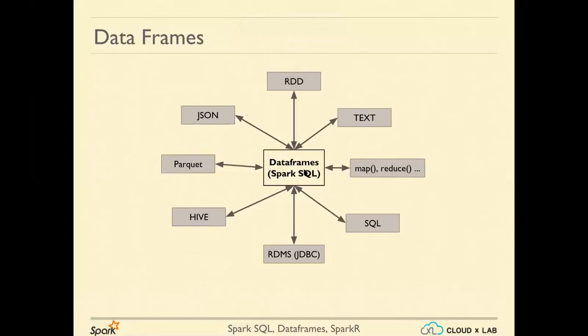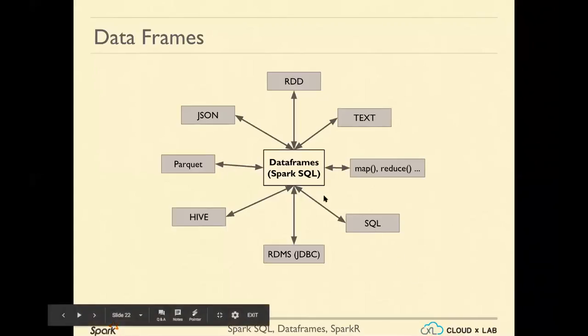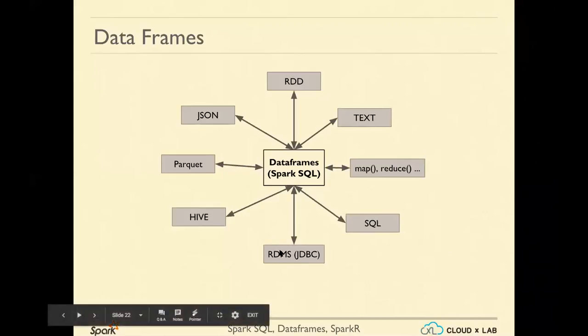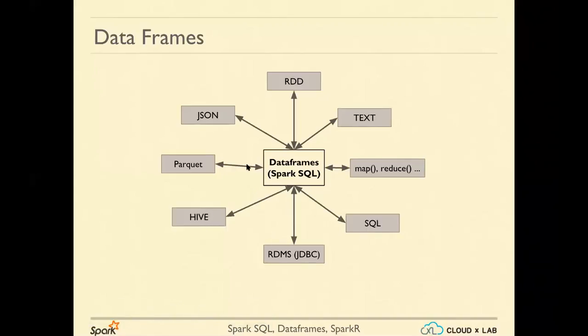On the data frame, we were able to launch map as well as reduce, and run our SQL queries. Using a SQL query, another data frame was created, so this is like dataframe.sql and then the query. Here we are creating the data frame from our DBMS, here from Hive, and then Parquet, even XML. XML we have not mentioned here, and so on.